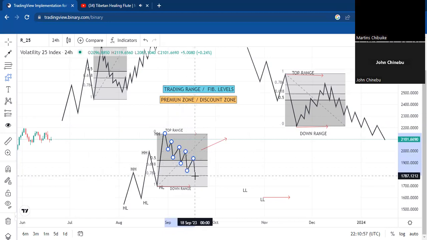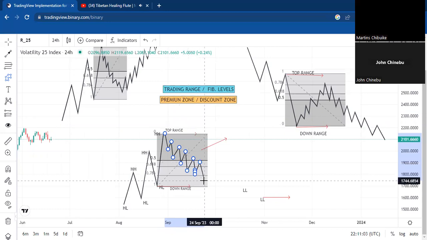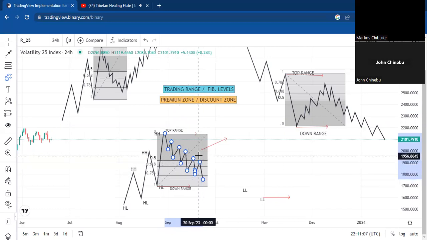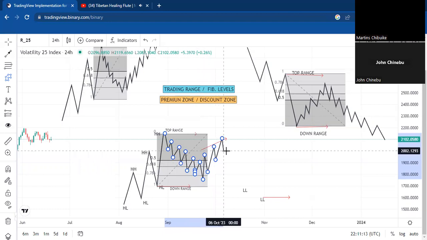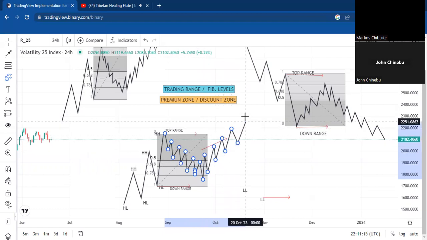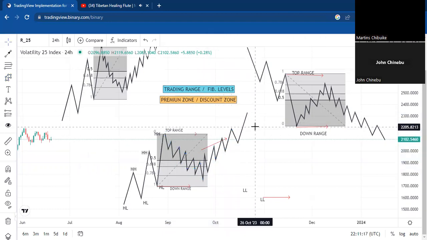As it's coming down, for me, once the market touches 0.78, I will start thinking of buying. Immediately the market touches this, most of the time the market will start breaking structure and going up, higher high, higher low, higher high. That's it.